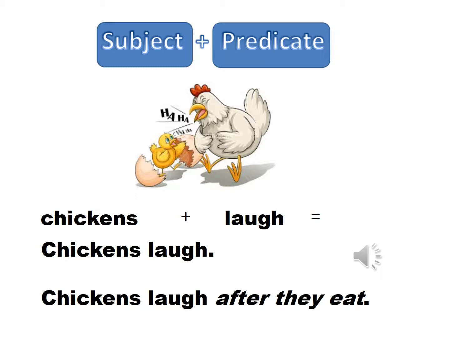In both sentences, the subject is chickens and the verb is laugh, but in the longer sentence, the predicate contains extra words. So in the longer sentence, the predicate is laugh after they eat. Remember, in all sentences, the predicate usually begins with the verb.